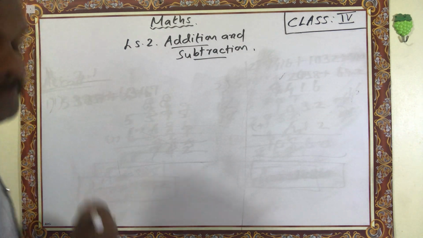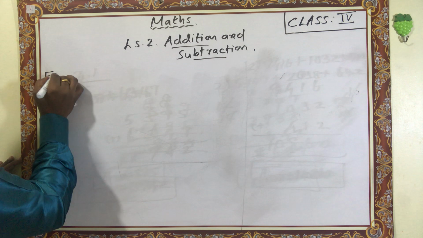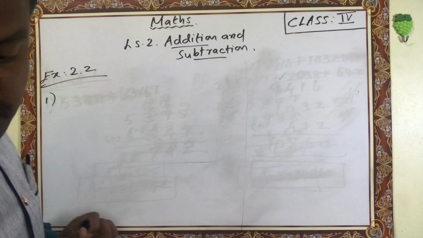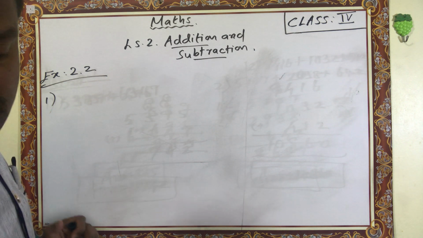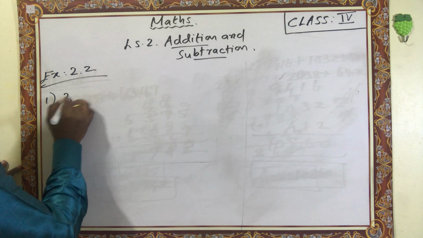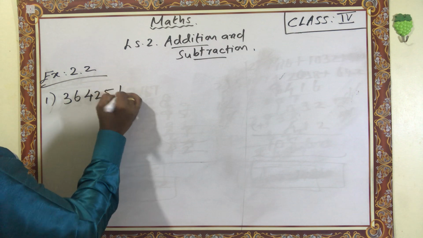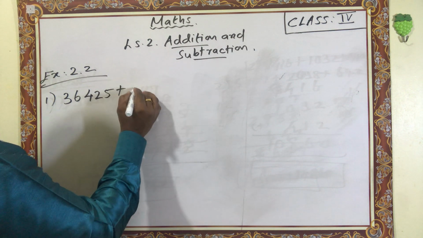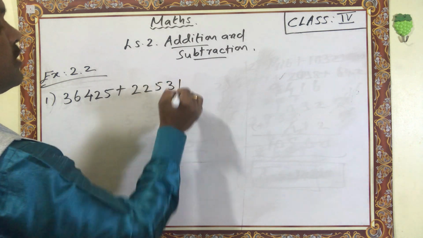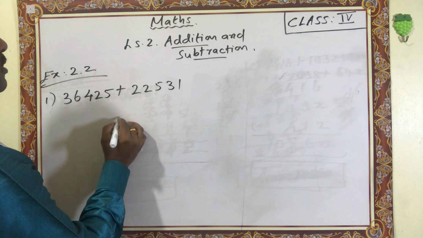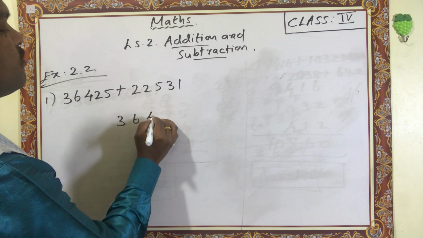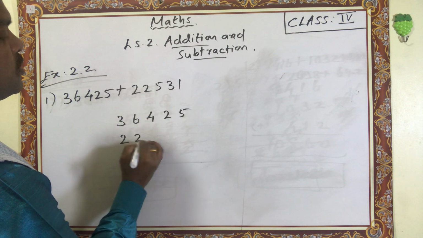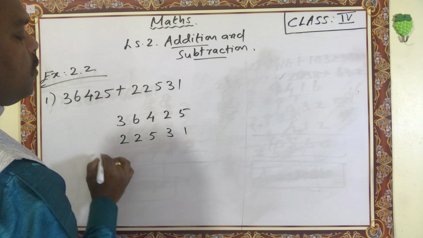One example from your book, exercise 2.2. First question, 36,425 plus 22,531. Leave some space, then write 22,531.